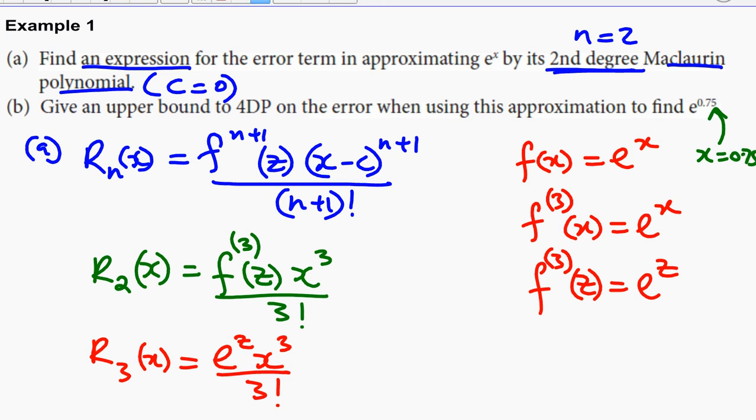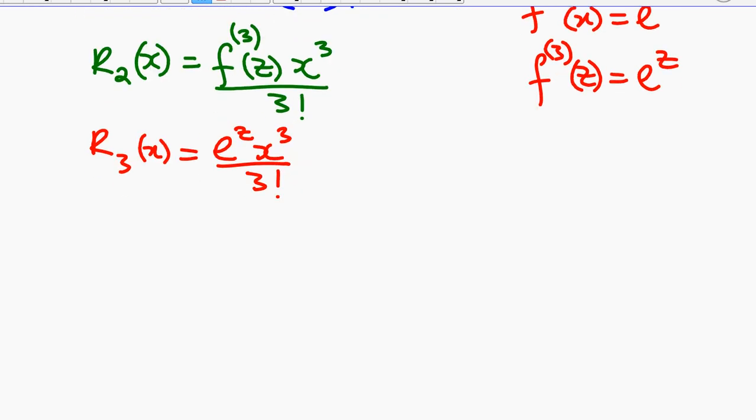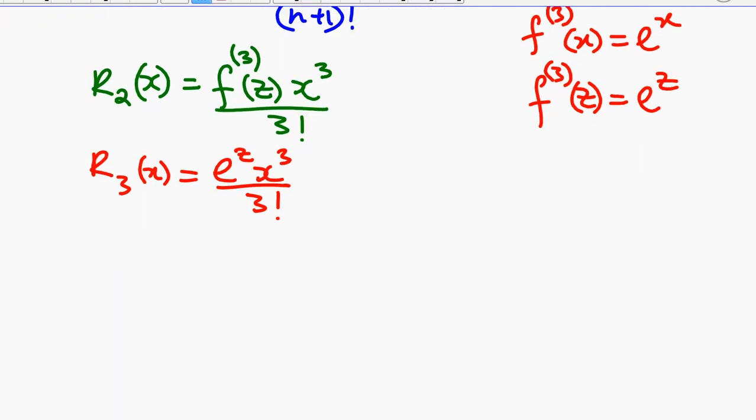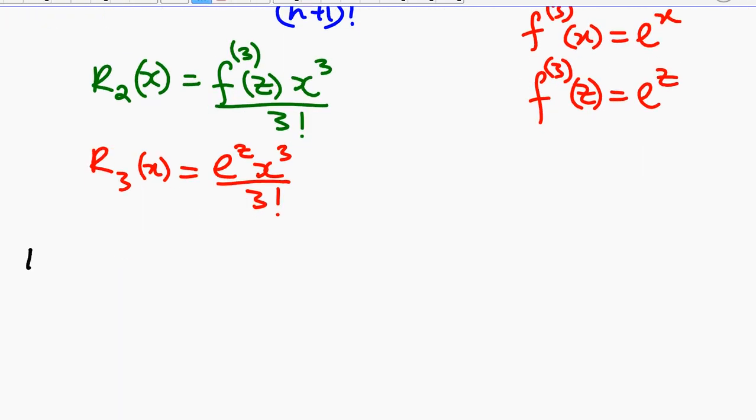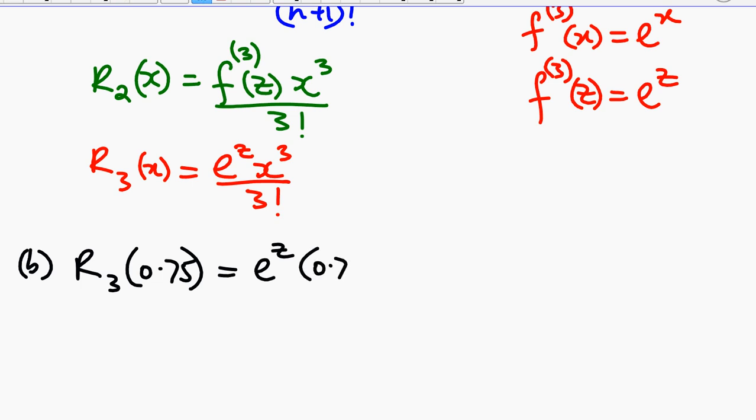All right, this is part B, we are going to find R at 0.75. So what I'm going to do is just plug in these bits. So this will be e to power z times 0.75 to power 3 over 3 factorial.